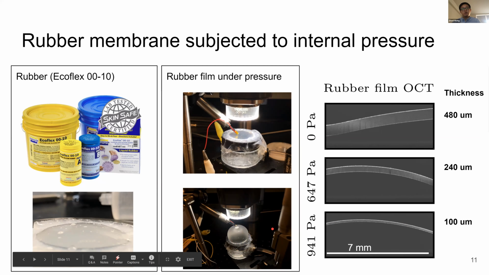That a curvature may have to be considered, but in reality, when this film is too thin, that the thickness compared to the radius of curvature is too small, then the curvature effect can be neglected. So in this case, the thickness is only about 100 microns, which is way smaller than the radius of curvature. So the curvature effect can be neglected.